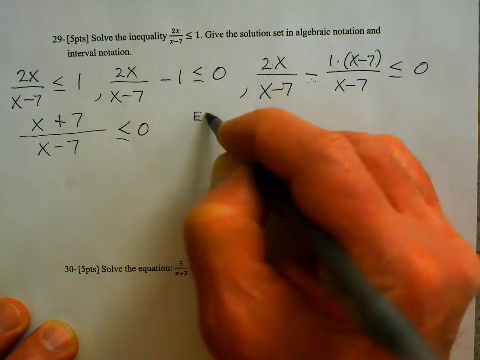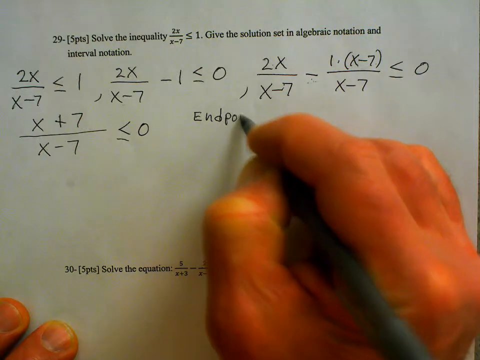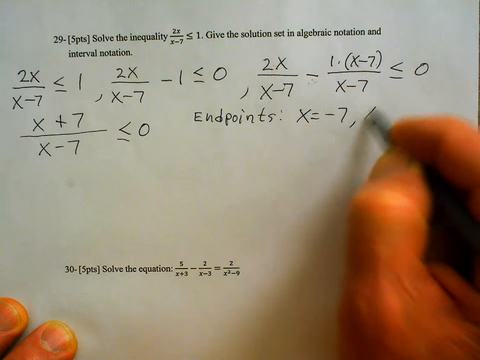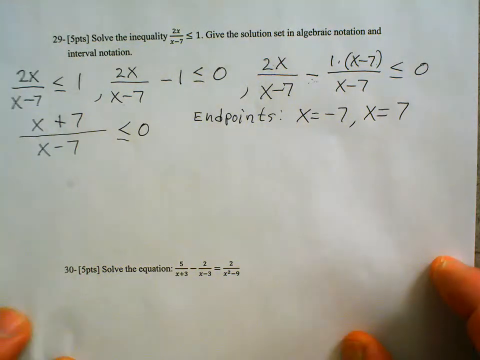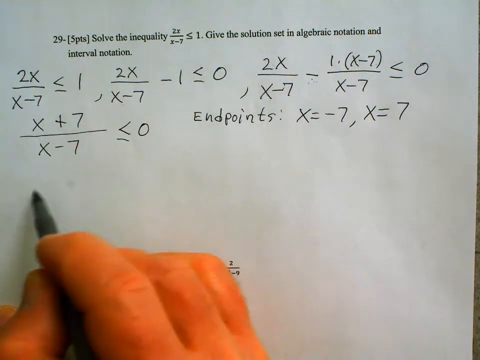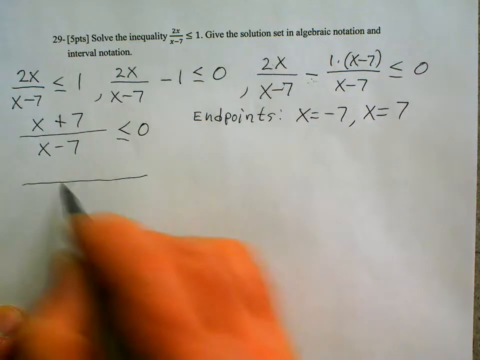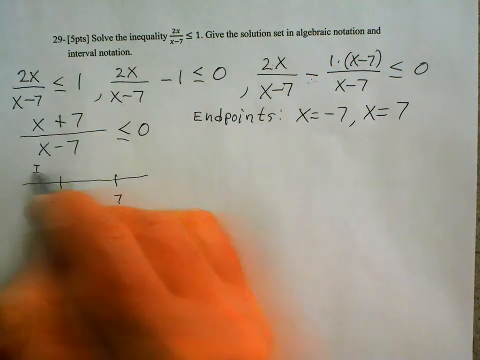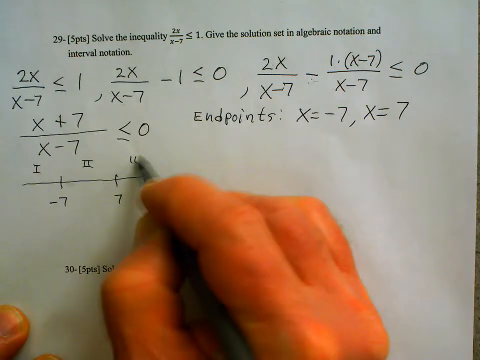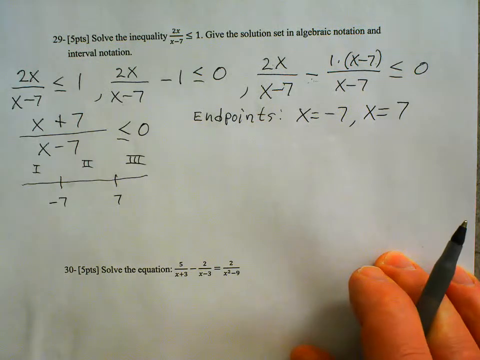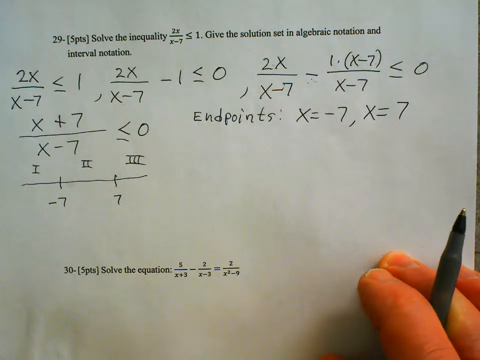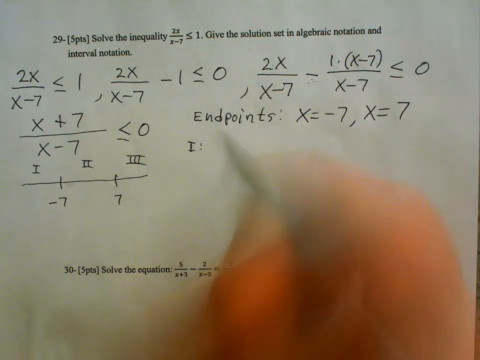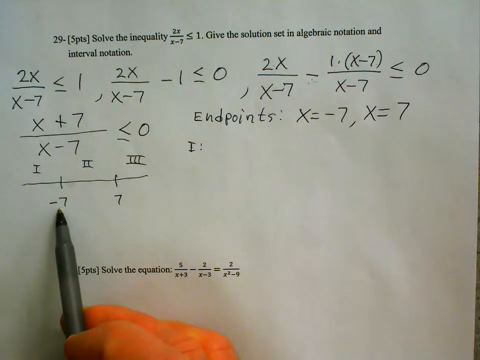And so the endpoints are x equals negative 7 and x equals positive 7. We divide the number line into 3 separate intervals and pick a test point from each interval. From the first interval on the left, pick a number less than negative 7.